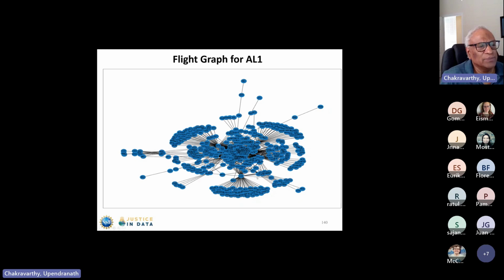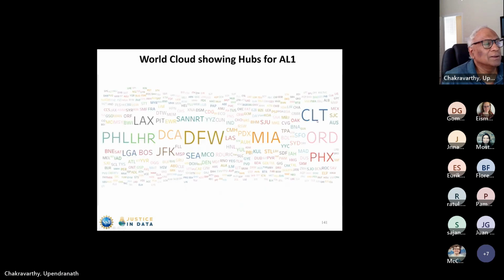So you can see from this, you can get an idea as to which airline this could be based upon the information that you're seeing. Again, if you use the word cloud, you can see more information than the graph. So you can see DFW, Miami, DC.